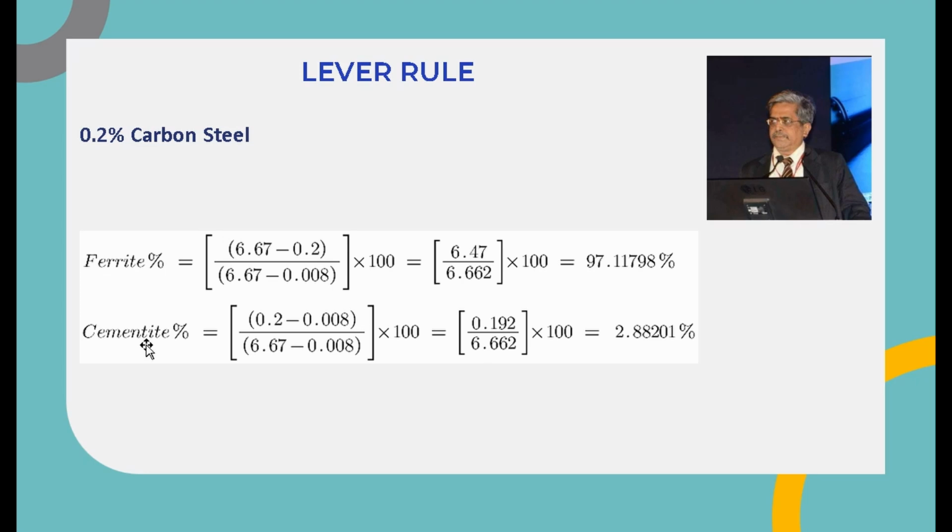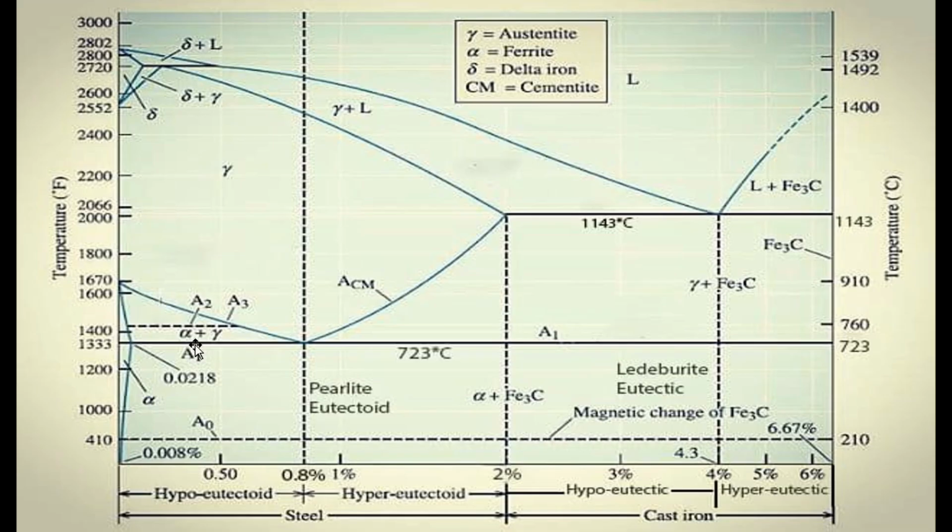What about the cementite percentage? If I come to the diagram, in 0.2% carbon steel, if I intend to know the cementite percentage, I will consider the branch opposite to cementite and touching ferrite.